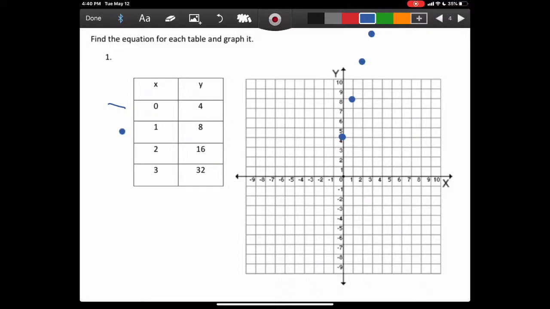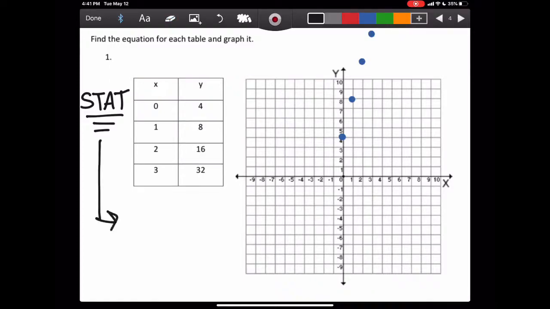But the important thing is, guys, when you see a table, the first thing you have to think, especially for your calculator, is stat. We're dealing with exponential functions, so the only step that differs from your linear and quadratics, when you input the table into your calculator, is the option that you select.